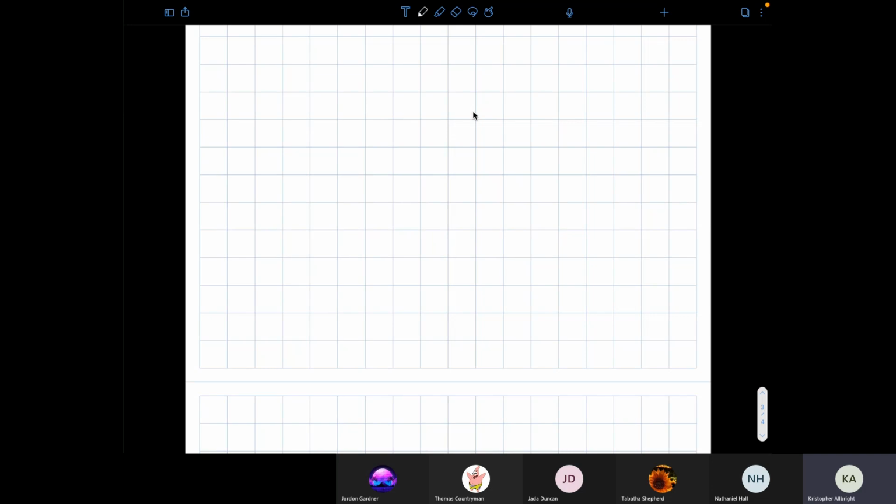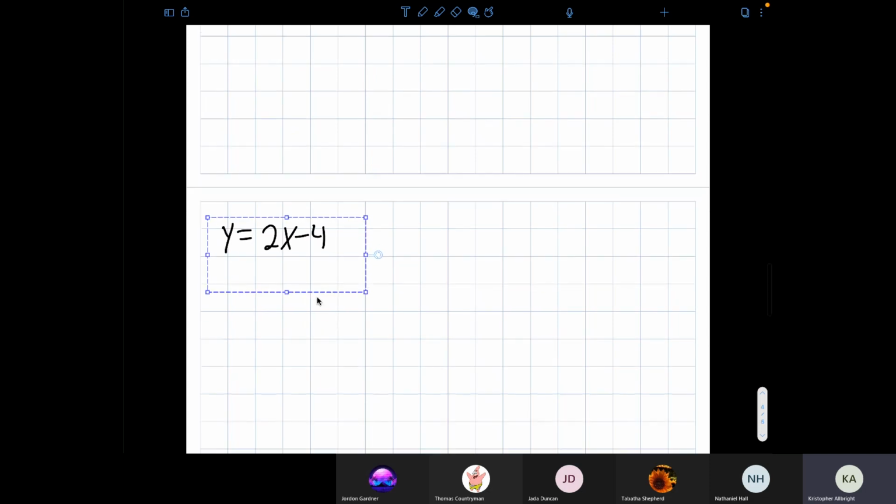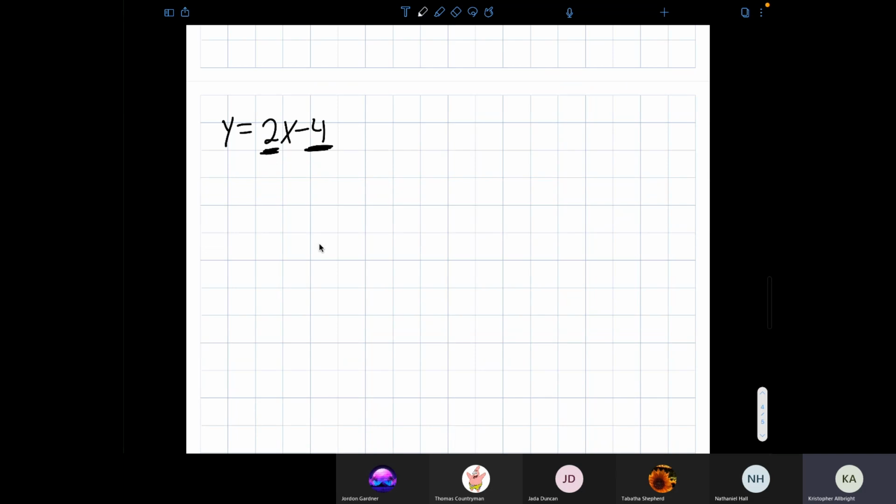So if we look at something like this, then we should go to graph that. Our first step is always to graph. And we can do that using our slope-intercept form. So I identify the slope right here and the y-intercept right here. The slope just tells me rise over run, and the y-intercept tells me how far up or down I am on my graph.